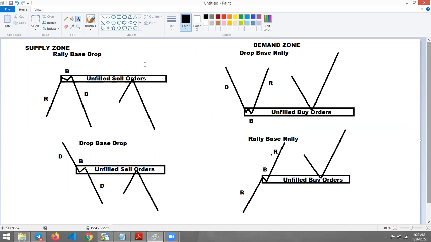So under supply, we have a rally-based drop, which is a reversal, and drop-based drop, which is our continuation. Then under demand, we have the drop-based rally, which is our reversal, and the rally-based rally, which is our continuation. Yeah, so now all those decision points have unfilled orders that have to be filled. Once the order is filled, it becomes mitigated. Yeah, so that is basically a summary.